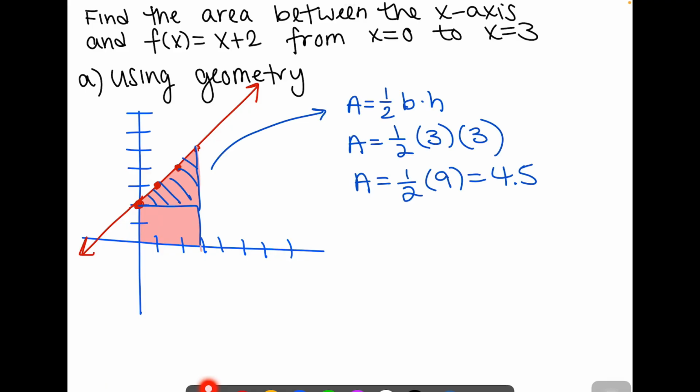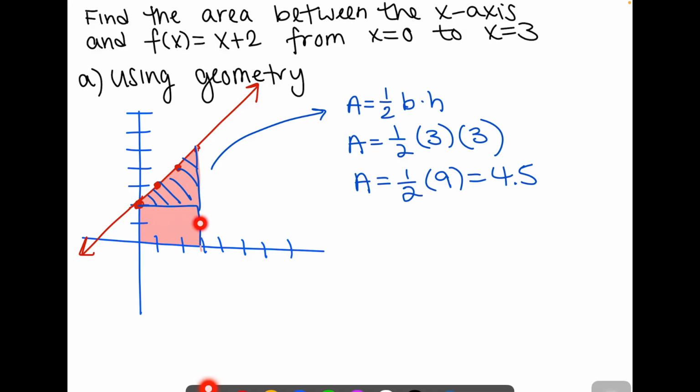Rather than looking up the formula for area of a trapezoid, though, I'm just going to divide this region into a triangle and a rectangle, since I know those formulas. The area of a triangle is 1/2 base times height. So I have this little triangle on the top of my image. This triangle has a base that is 3 units. And its height, it starts at y equals 2.